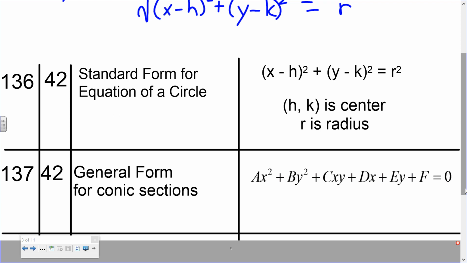Now, if it is a circle, we will not have this x y term. In other words, c would be 0 if it's a circle. In addition, if it's a circle, a and b will be equal.